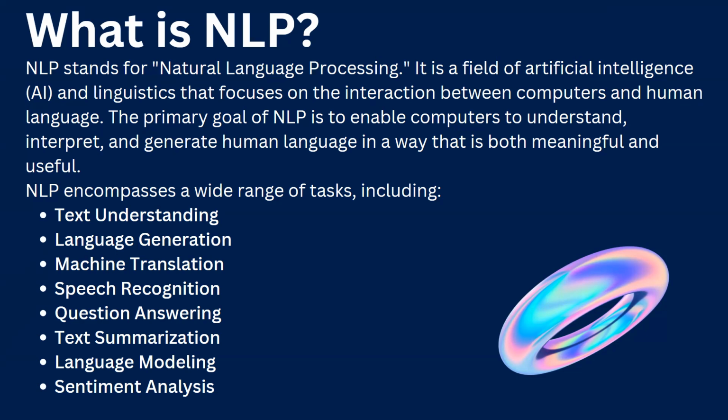NLP has a wide range of tasks: text understanding, language generation, machine translation, speech recognition, question answering, text summarization, language modeling, sentiment analysis. These are not the only tasks, but there are plenty of tasks and plenty of applications using NLP. So today we are going to discuss text summarization.